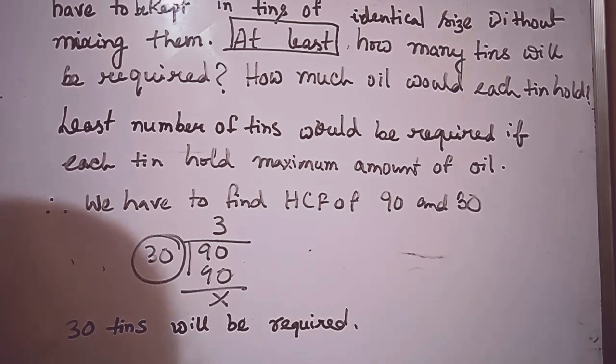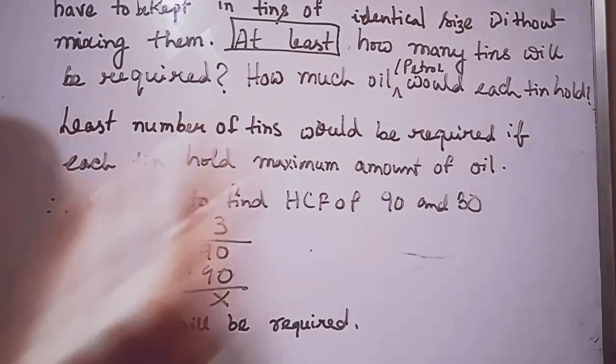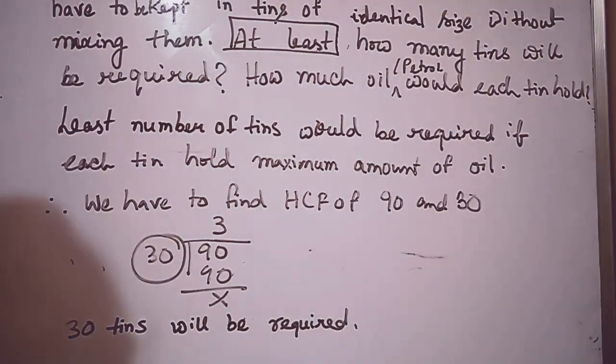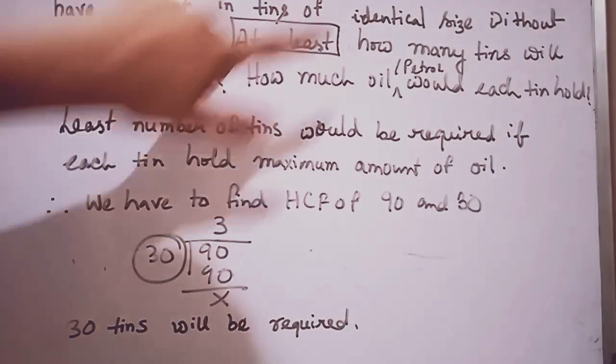Now the second question is, how much oil would each tin hold? Oil and petrol. To find that, we have to divide this 90 by 30 and 30 by 30.